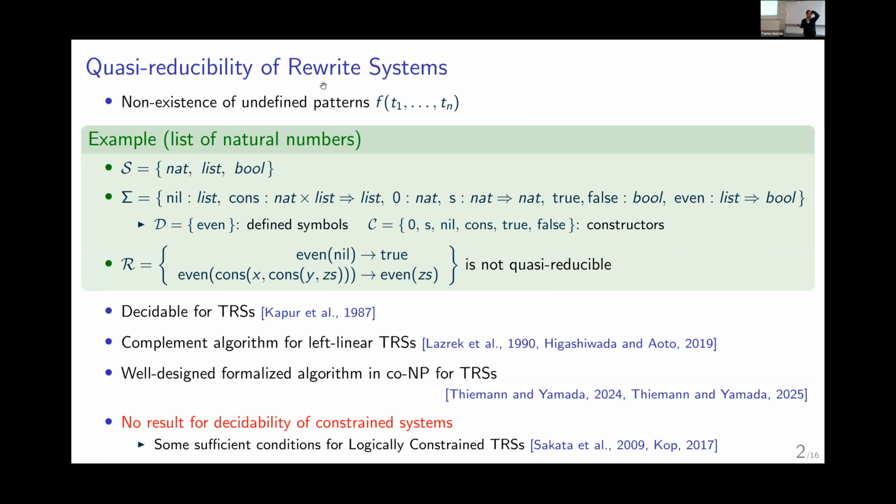There are some sufficient conditions for LCTRSs, but last year we transformed Python programs to LCTRSs, and our equivalence checker failed to prove some equations because our tool has no function to check quasi-reducibility of LCTRSs having constructors, for example, lists or others. So we started to work on quasi-reducibility of LCTRSs.